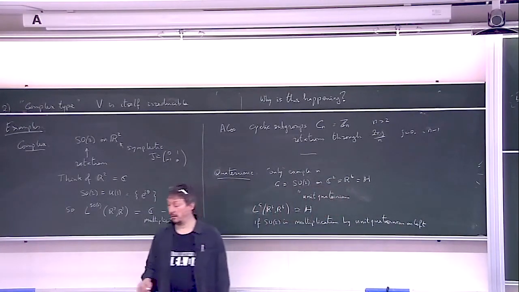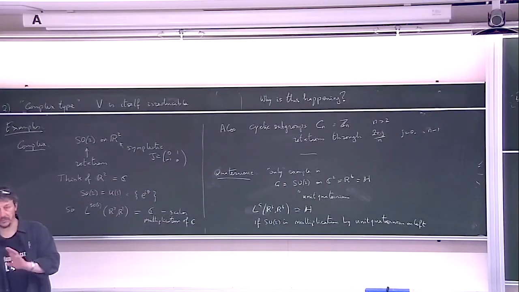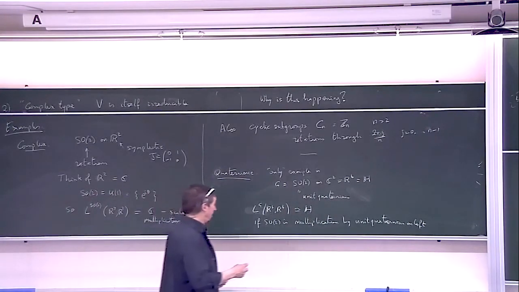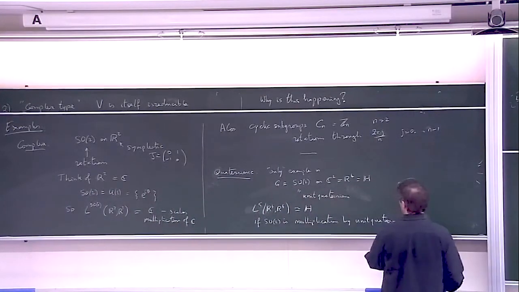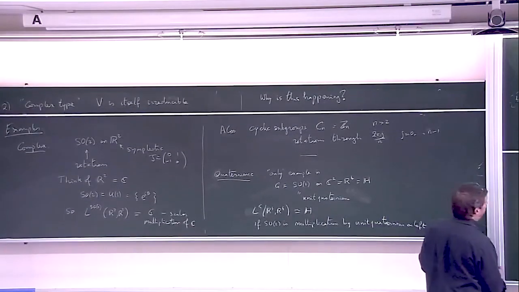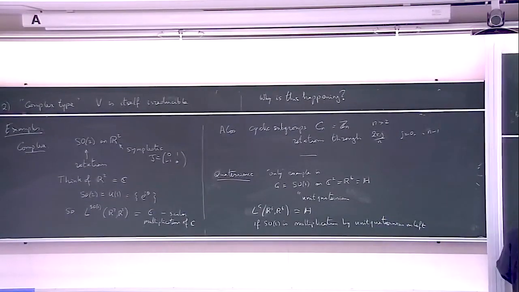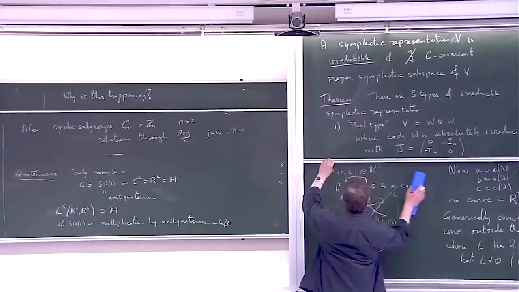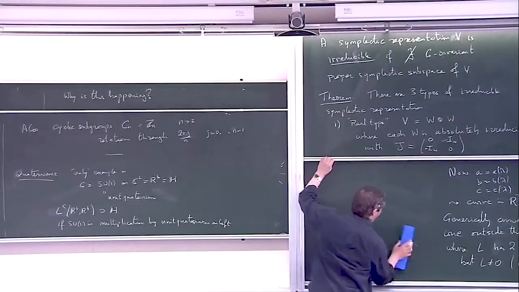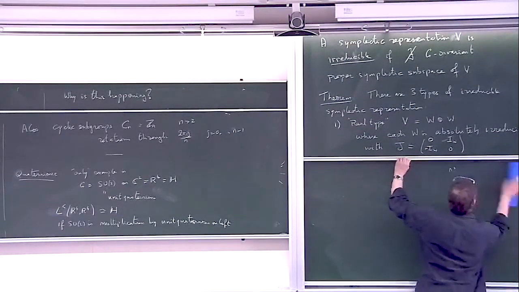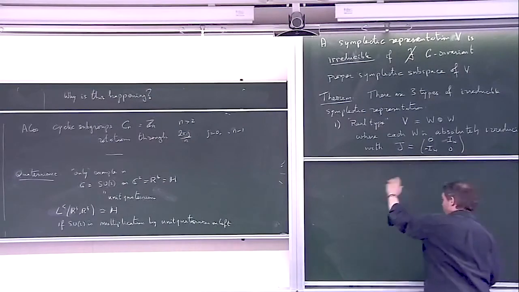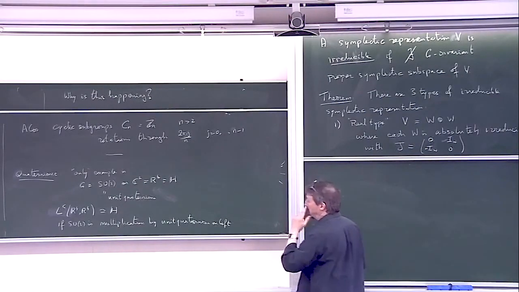So in quaternions, multiplication on the left and on the right are different. It's not a commutative algebra. I don't want to spend time on this example because it's not going to come up again.